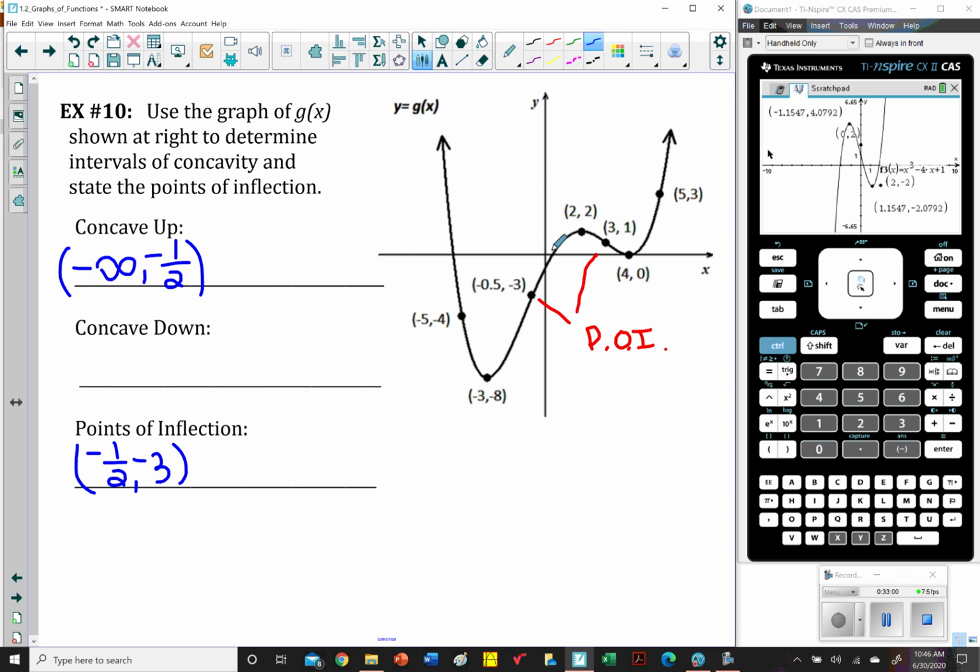Then the graph is concave downward from negative 1/2 to positive 3, and the point 3, 1 is a point of inflection. And then the graph is concave up from 3 to infinity, because our end behavior is up on both ends.